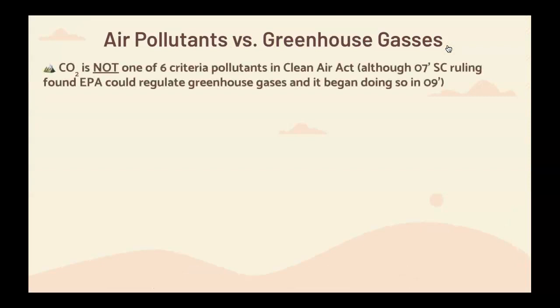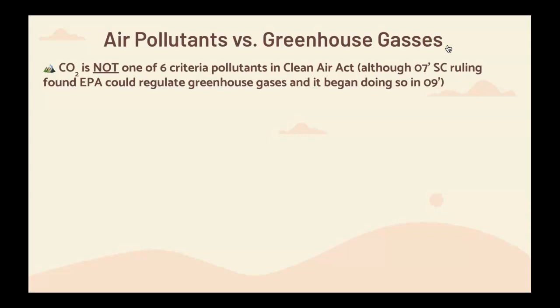So the other thing to note is the thing that wasn't listed in those 6 criteria air pollutants is carbon dioxide. And so while carbon dioxide is a greenhouse gas and is something that can lead to global climate change, it is not one of the 6 criteria air pollutants because it's not harmful for us to breathe.